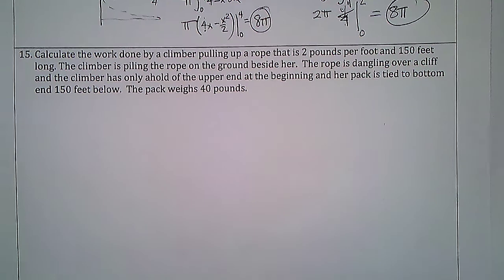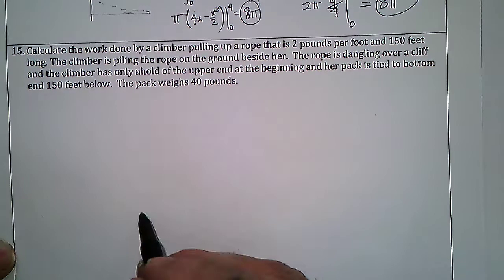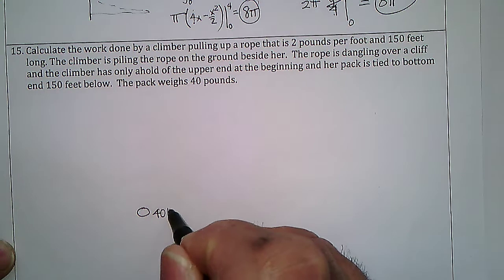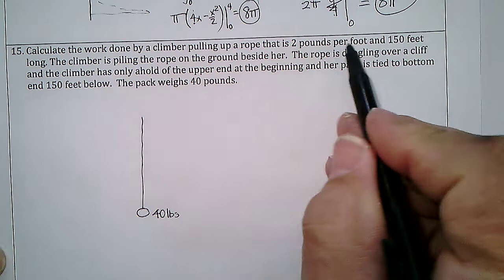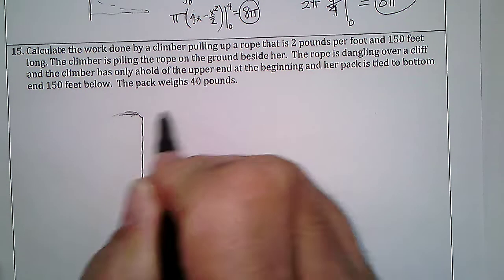And finally, a climber is pulling up a 40-pound pack and a rope that's 2 pounds per foot. That's a heavy rope.